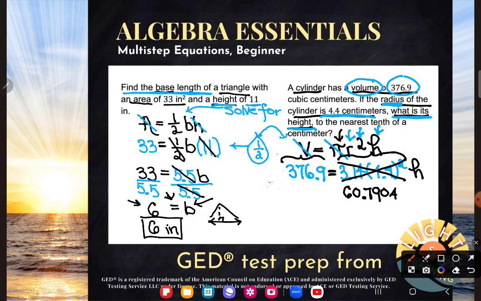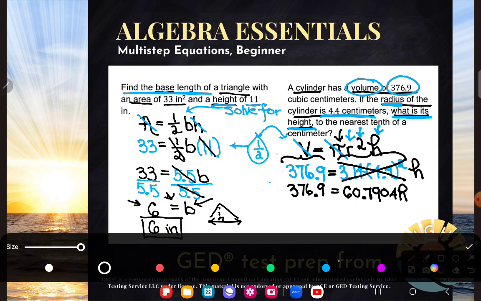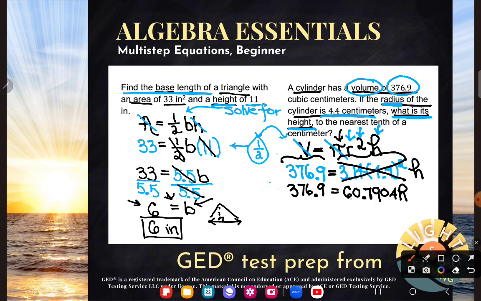So that's, as you know, simpler, but I still have the H. Make sure that drops, the equal sign, and the 376.9. And now, this is relatively simple. I mean, I know the decimals look gross, but it's easy enough to get rid of this multiplier, 60.7904, by dividing. I'm trying to be super neat and not lose any digits.